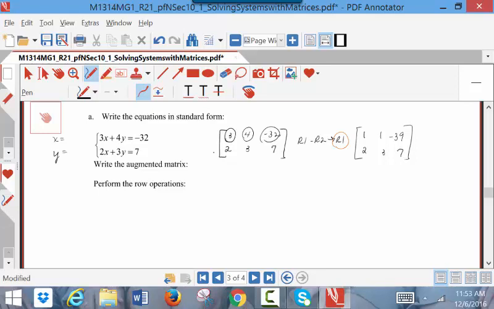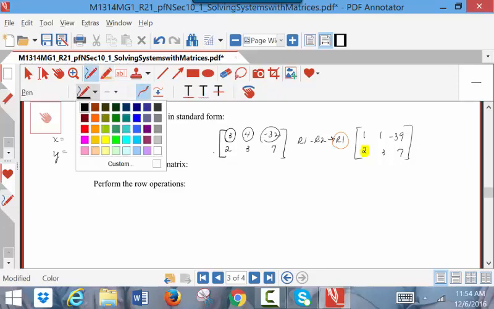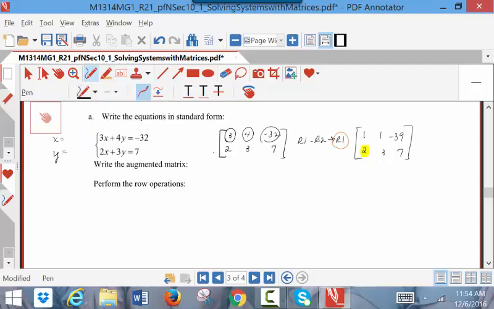Okay, now my goal is, let's see if I can get the highlighter. I want this to be a 0. That position highlighted, I want to be a 0. So what I'm going to do to make that 0 is I'm going to take negative 2 times row 1, add it to row 2, and put those results back into row 2.